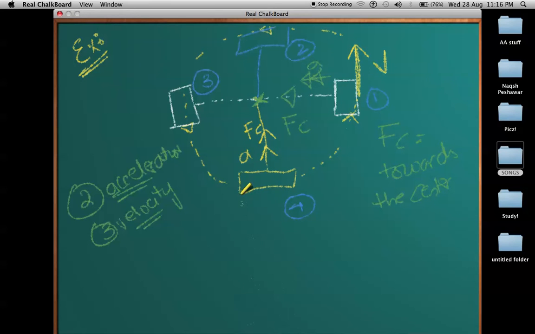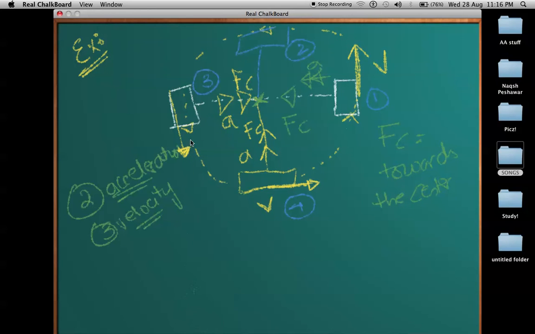Let's look at this position. The centripetal force, towards the center. The acceleration, towards the center. The velocity, tangent to the path of the object. In this case, acceleration is towards the center, centripetal force is towards the center, and velocity is in this direction.